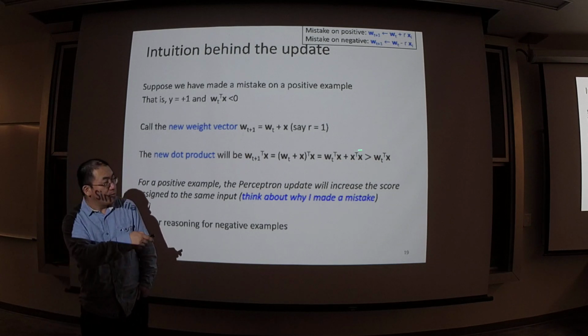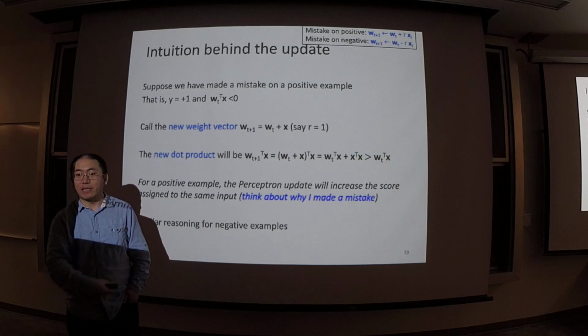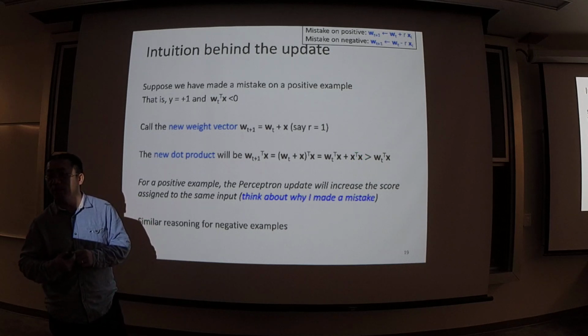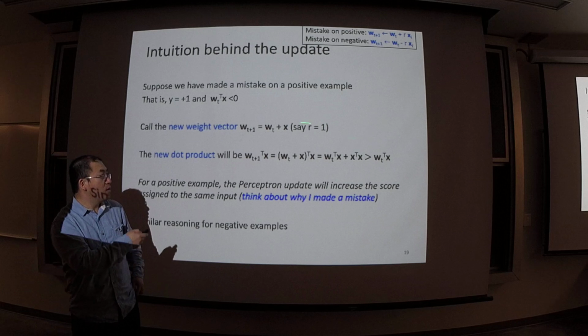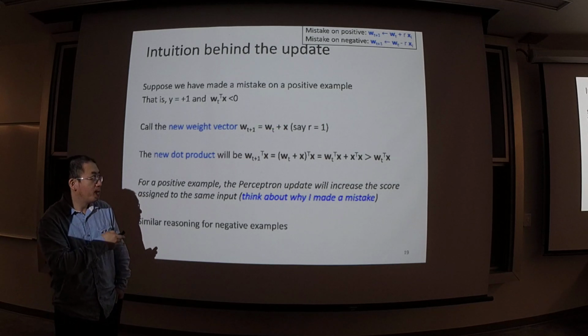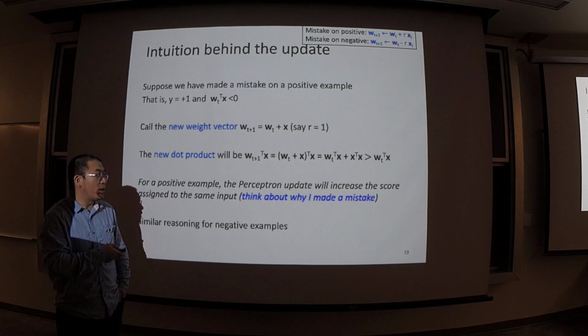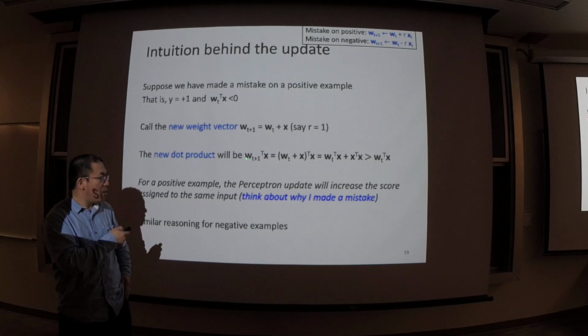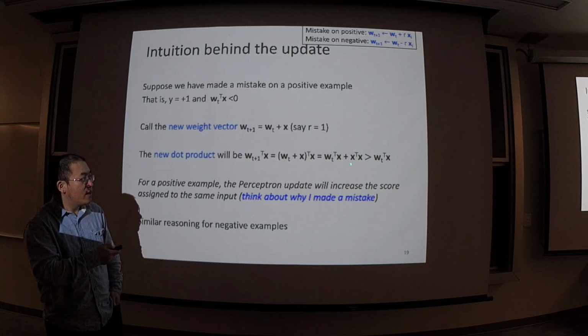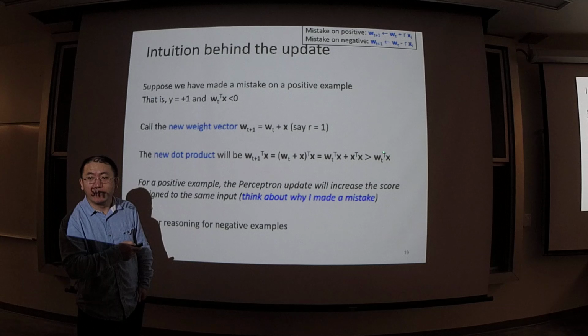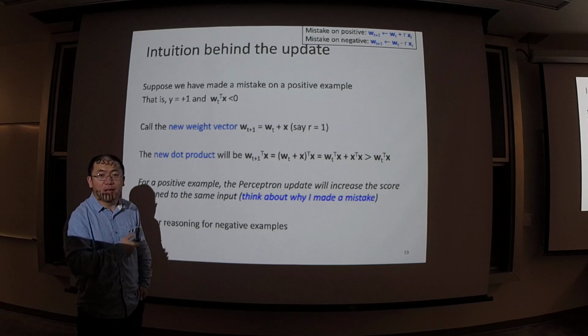Now we can see that because X transpose X is non-negative, after I update my weight vector in this way, my classification function essentially got increased upon the previous classification function.